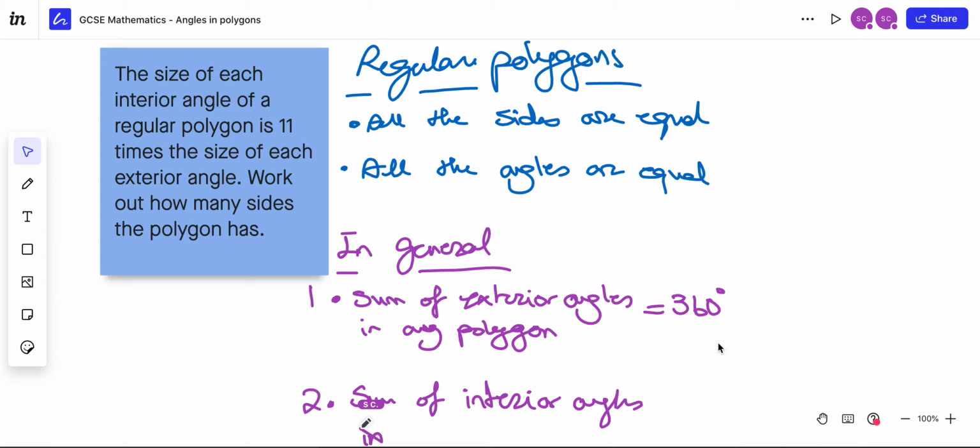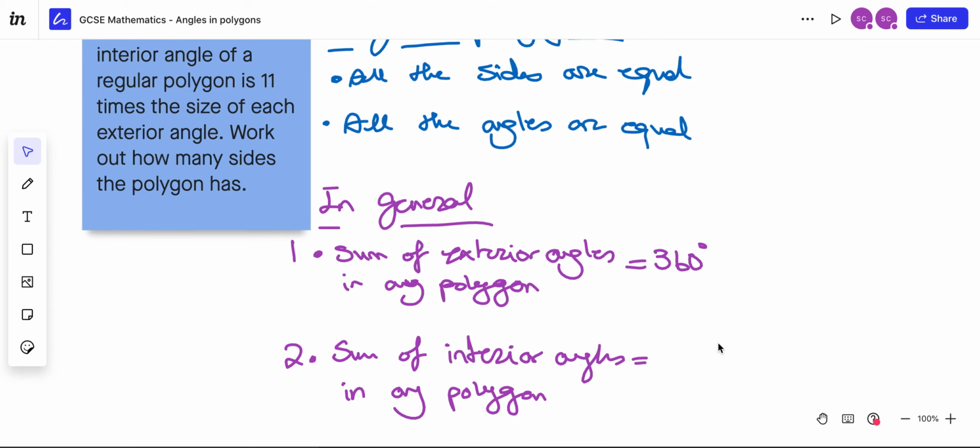The formula is n minus 2, times 180, where n is the number of sides.